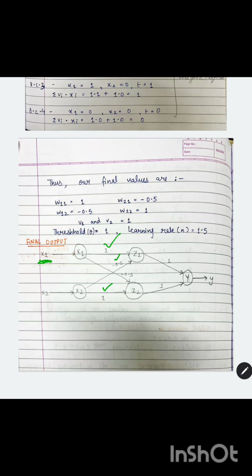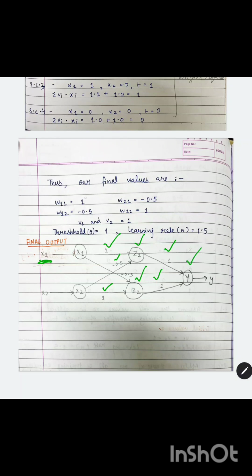All right, and then the values of the weight for z1 and z2 is 1 again. All right, hence we get all the weights and inputs and outputs accordingly. So the values of x1 and x2 remain the same. The values of z1 and z2 we calculated, and then we calculated the value of y and we compared them.